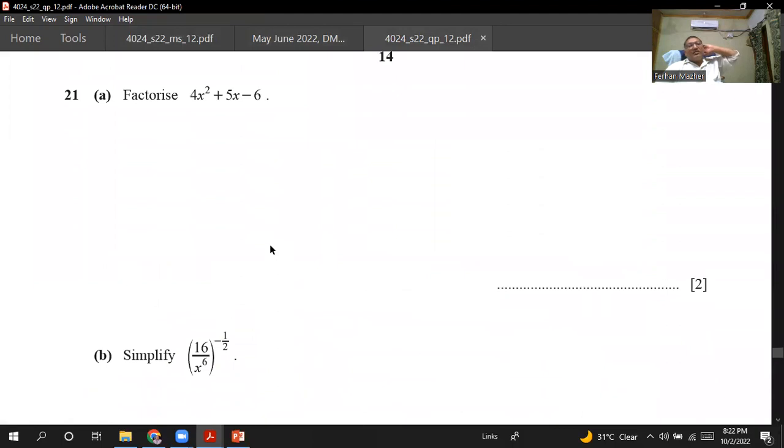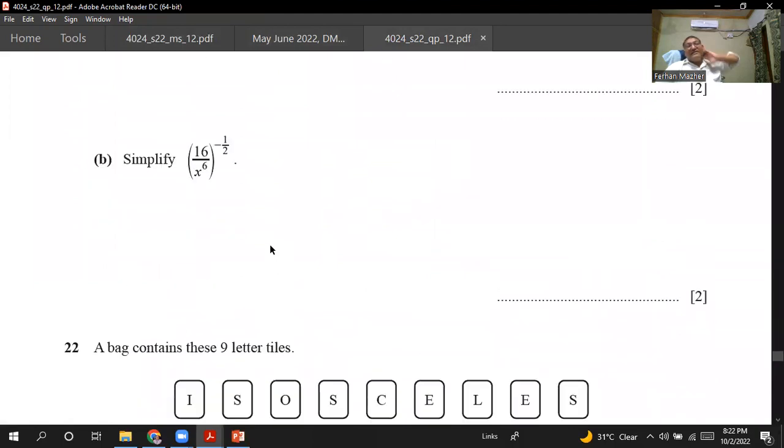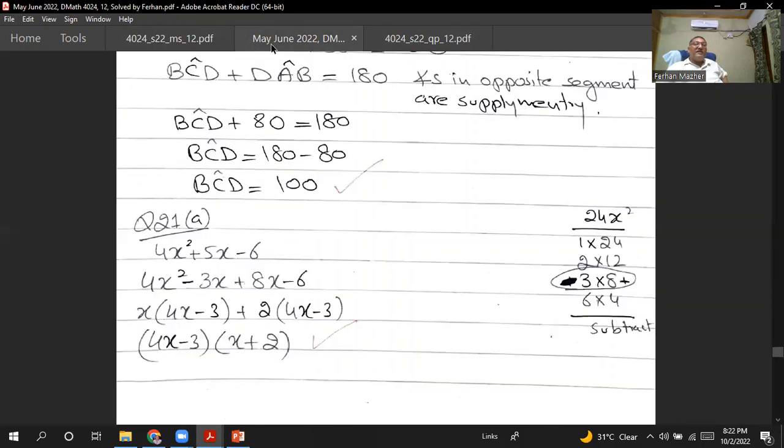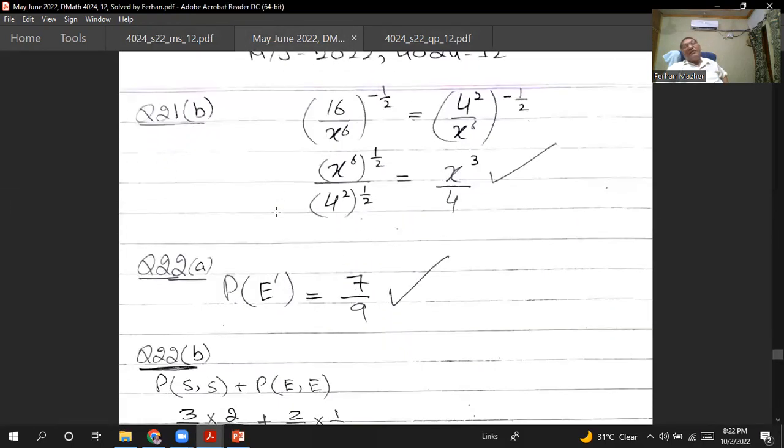Okay, so the question number 21, B part, he says (16 by x raised to power 6) raised to power minus 1 by 2. So you can flip them inside the brackets, and the power will become positive. 16 is 4 square, x raised to power 6 raised to power 1 by 2, 4 square raised to power 1 by 2.